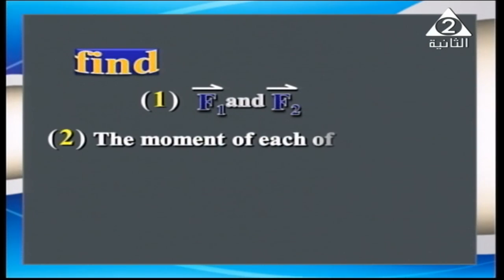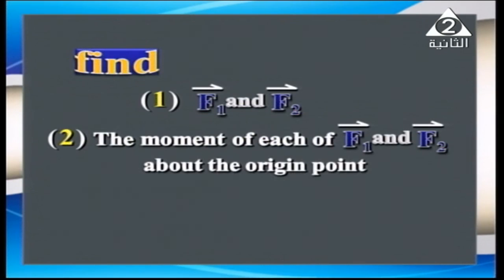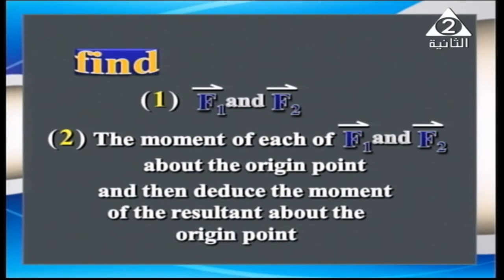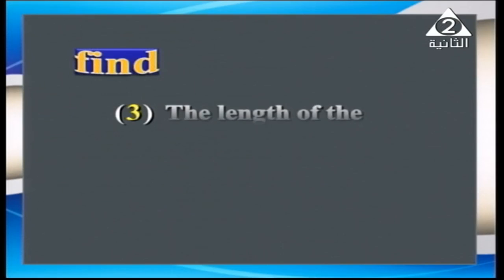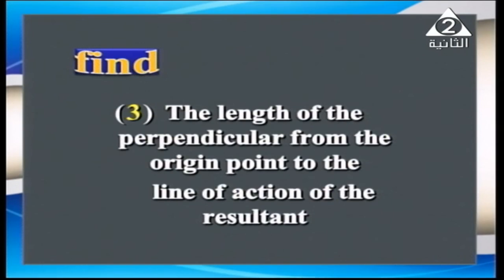My dear student, first find F1 and F2. Number 2, the moment of each of F1 and F2 about the origin point, and then deduce the moment of the resultant about the origin point. Also, find the length of the perpendicular from the origin point to the line of action of the resultant.